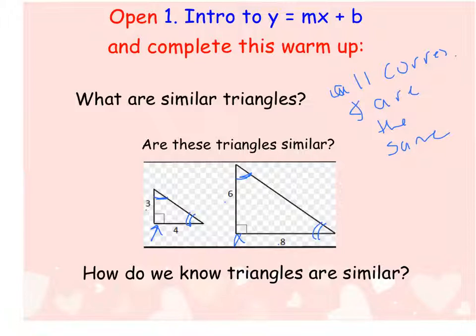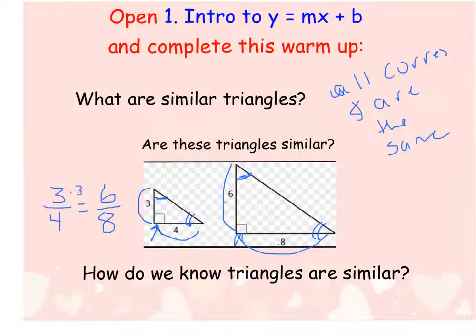So corresponding sides are in proportion. So we can say that this height 3 and this base 4 is in proportion to 6 and 8. So this height, this base. So the side measures are in proportion.